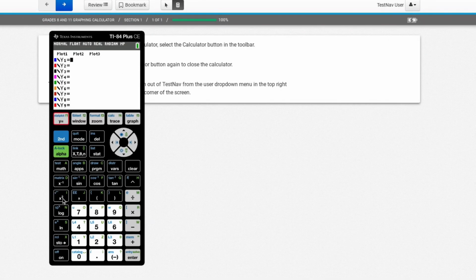Once I get rid of the calculator, it goes away. So let's type out negative 4.9 x squared plus 19.6 x plus 58.8.